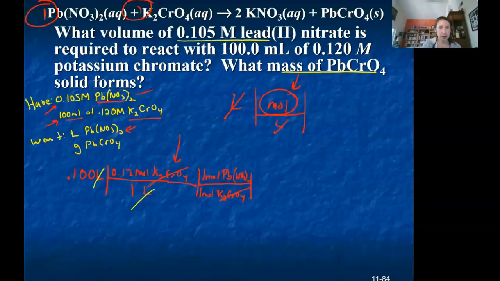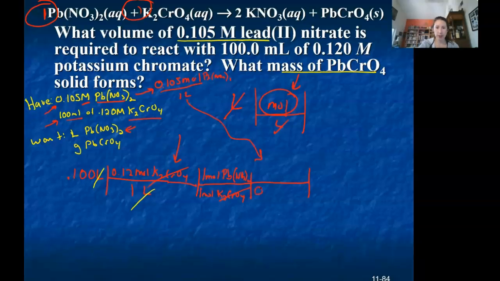Well, if we look here, this molarity means 0.105 moles of Pb(NO3)2 per 1 liter. Look at that, we could just use that here.